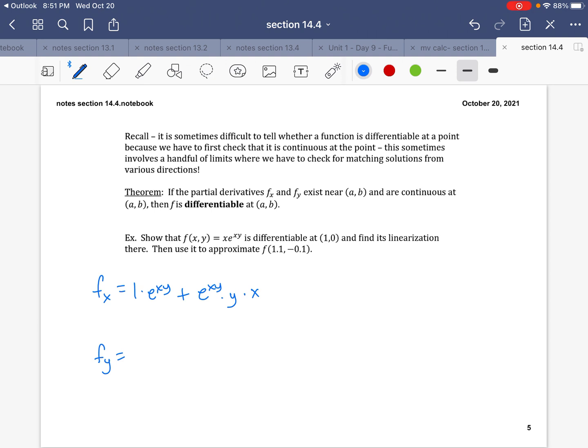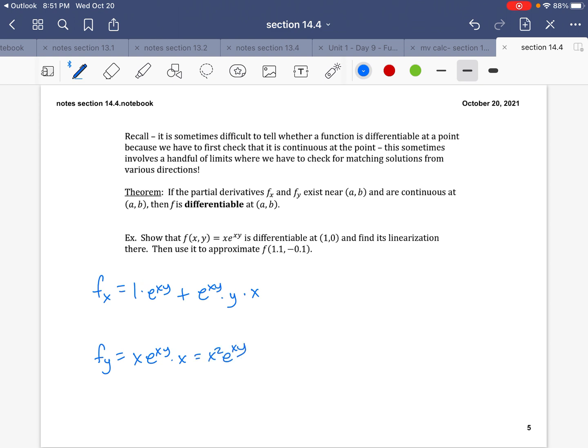All right, so then I have fy, so basically I can ignore that x in front, just leave it there. The derivative of e to the xy is e to the xy times another x, because the derivative of xy with respect to y is x. So I end up getting x squared e to the xy.